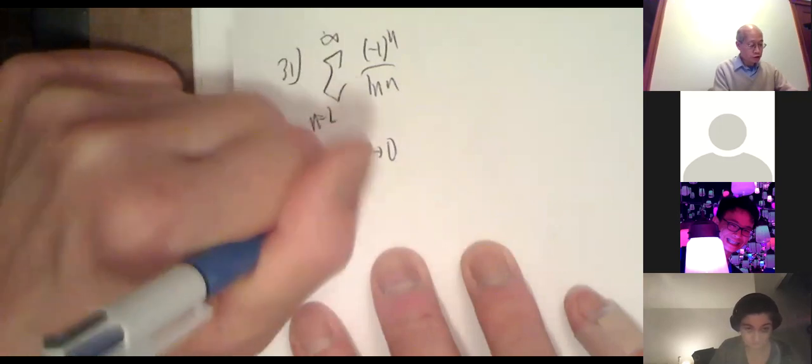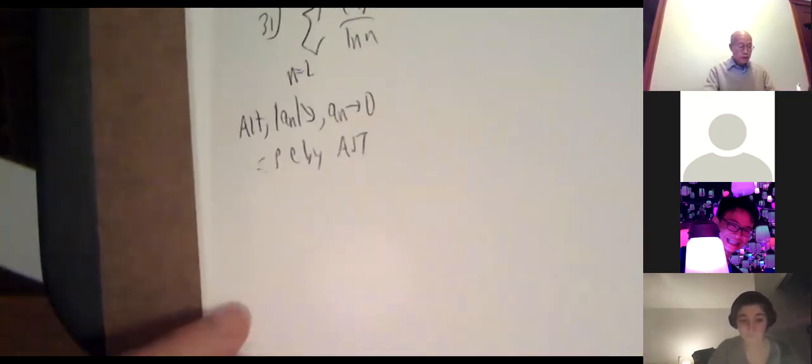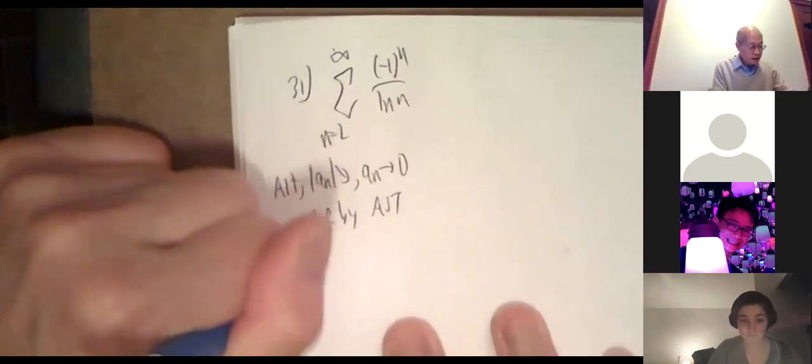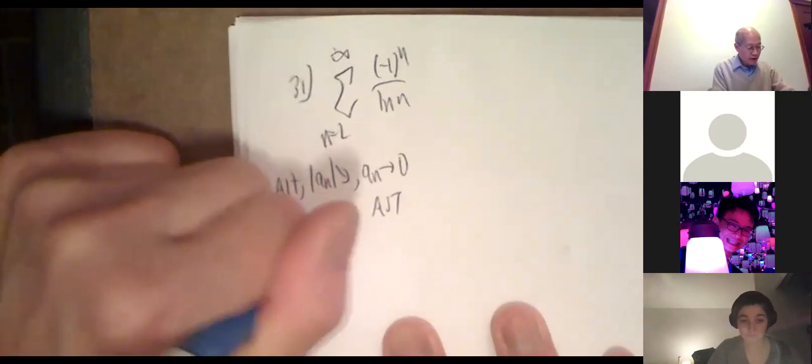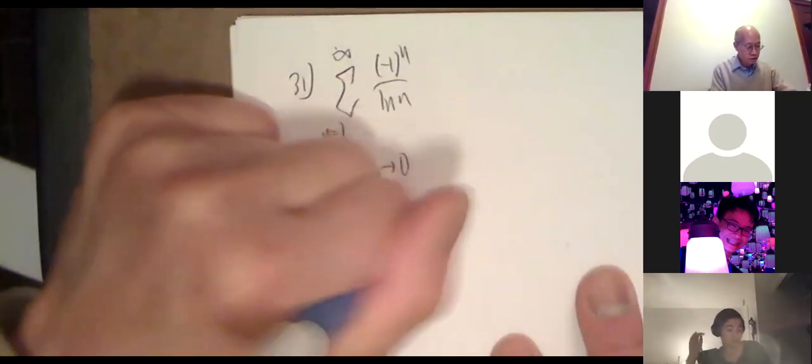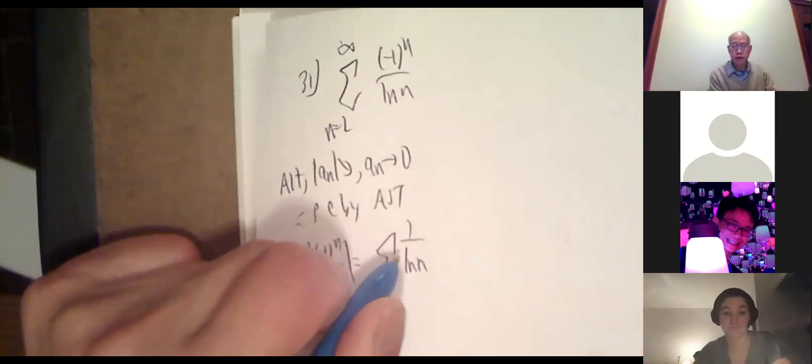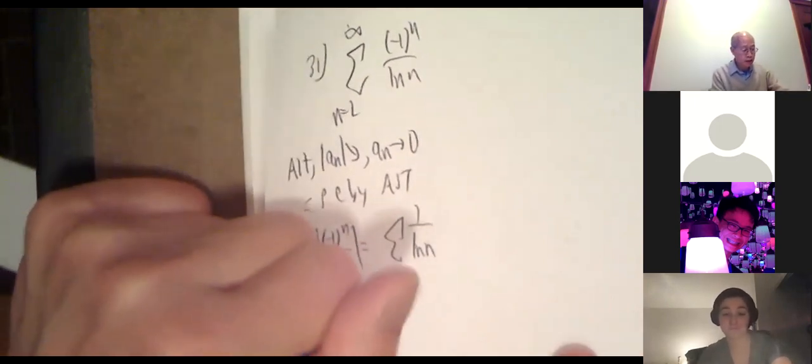Therefore, the series converges by the alternating series test. Is it absolutely convergent? The answer is no. So I take the series of the absolute values, which basically means drop the negative 1 stuff. We've seen before that this actually diverges because n is greater than ln n.